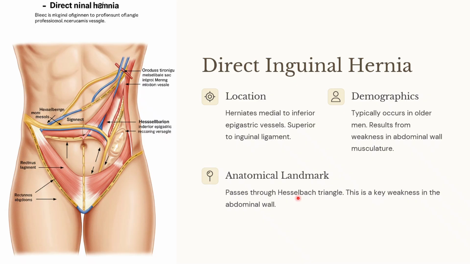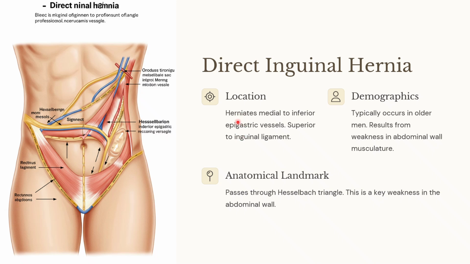But otherwise, if there is any weakness in the abdominal wall, then it can pass directly through that weakness. So, direct weakness in the abdominal wall is formed by this Hesselbach's triangle. Hesselbach's triangle is formed by the inferior epigastric vessels as well as superior to the inguinal ligament.